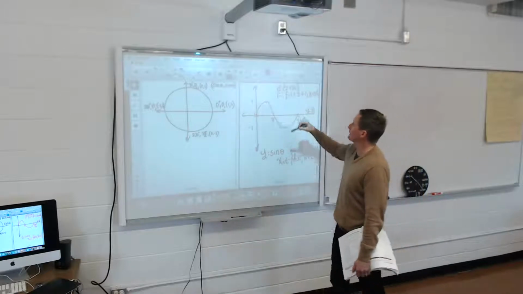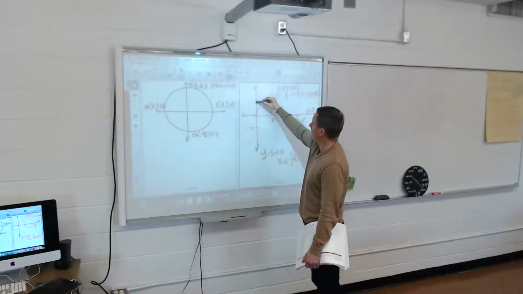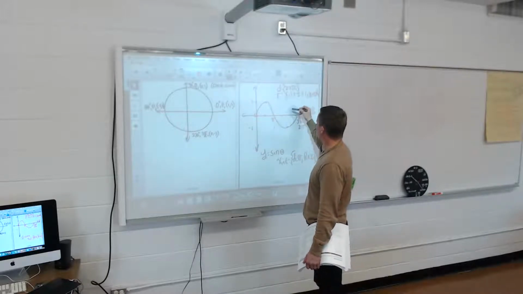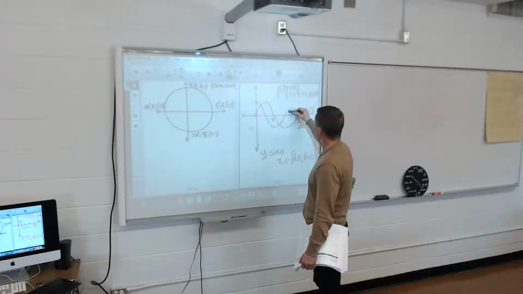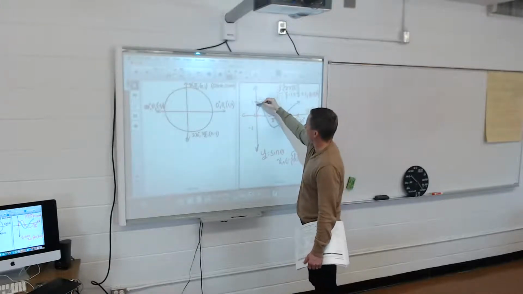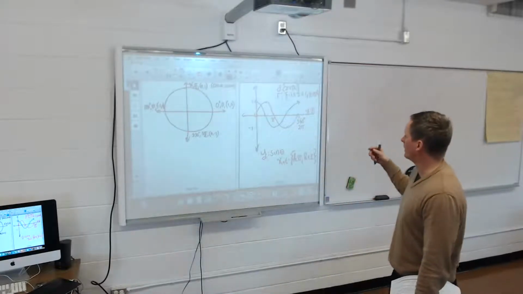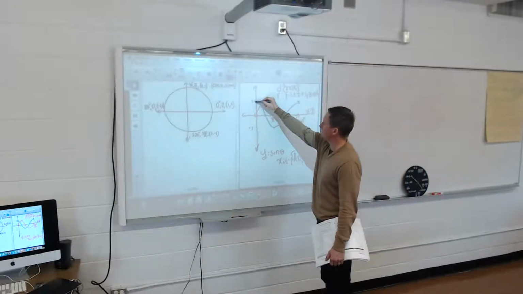Now, if I'm looking at the cos graph, the cos graph starts at 1 and works its way around the circle the same way the sine graph did. I put arrows on the end, and all of my values stay the same. So my intercepts are the same. My y-intercept is different.